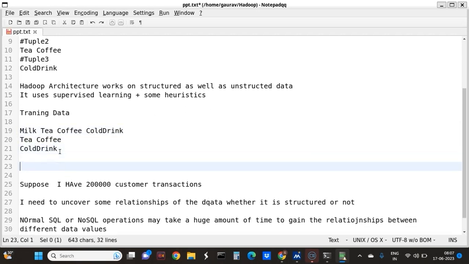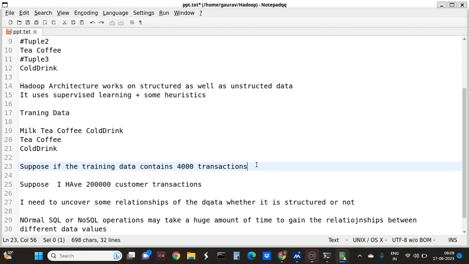Suppose the training data contains 1,000 or 4,000 transactions. It is impossible to map the association rules using a single node.